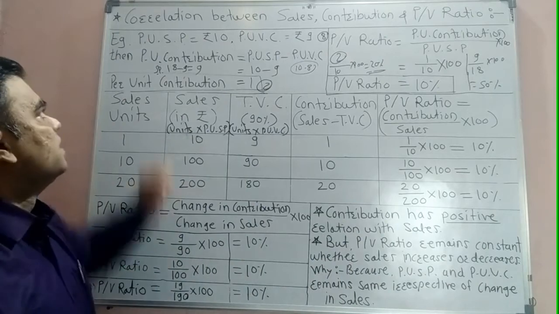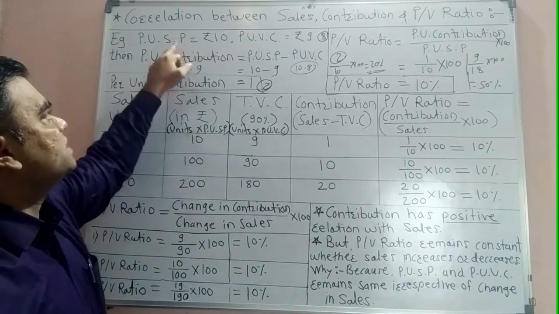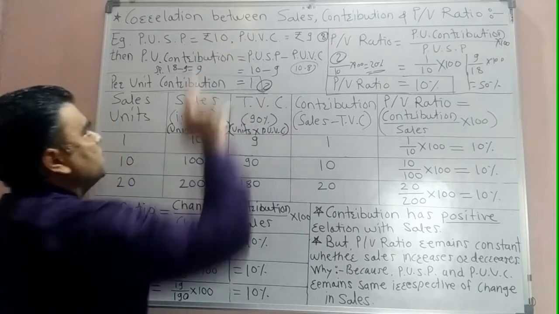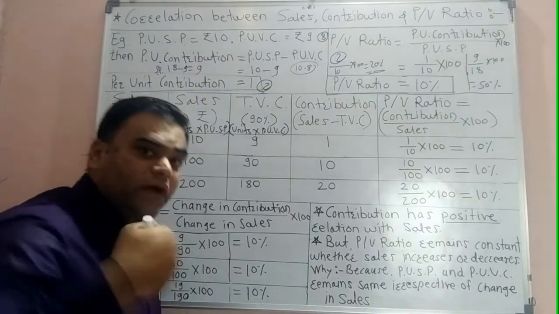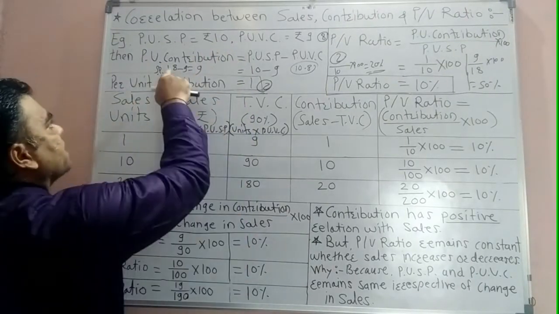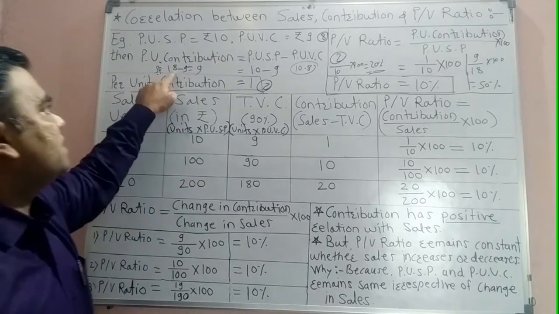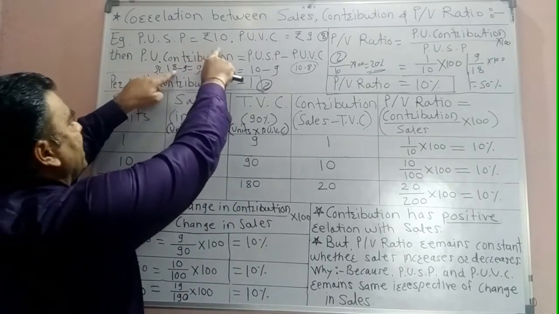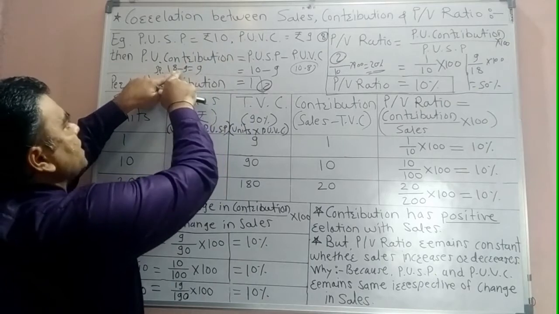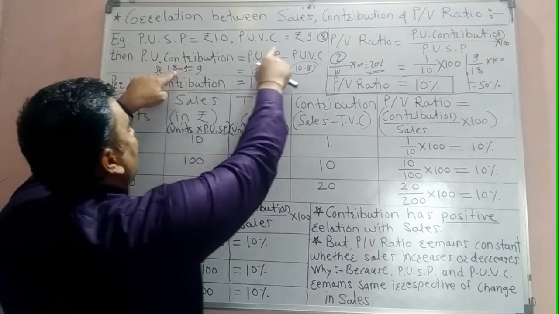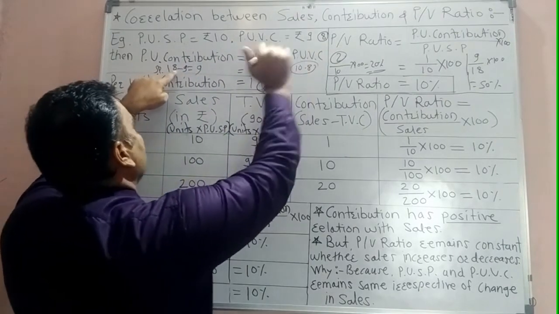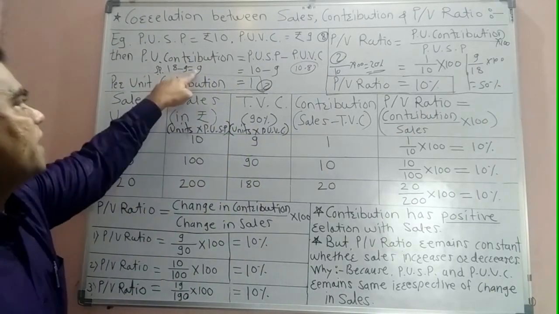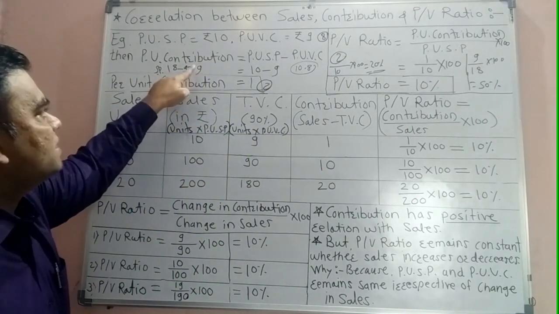How? You can see. Suppose you make a change in selling price. Instead of selling price rupees 10, suppose your new revised selling price is 18. So selling price 18 less per unit variable cost, which is the same 9. So 18 less 9 is equal to 9.